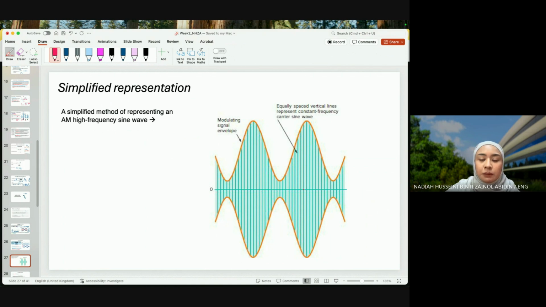That is a simplified representation. If you see me drawing it like this, I'm indicating the carrier wave.